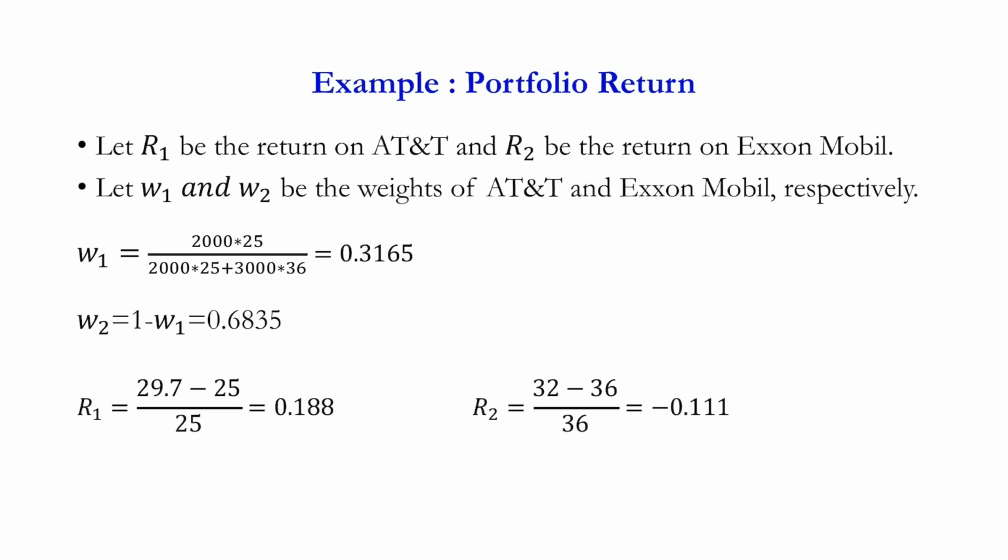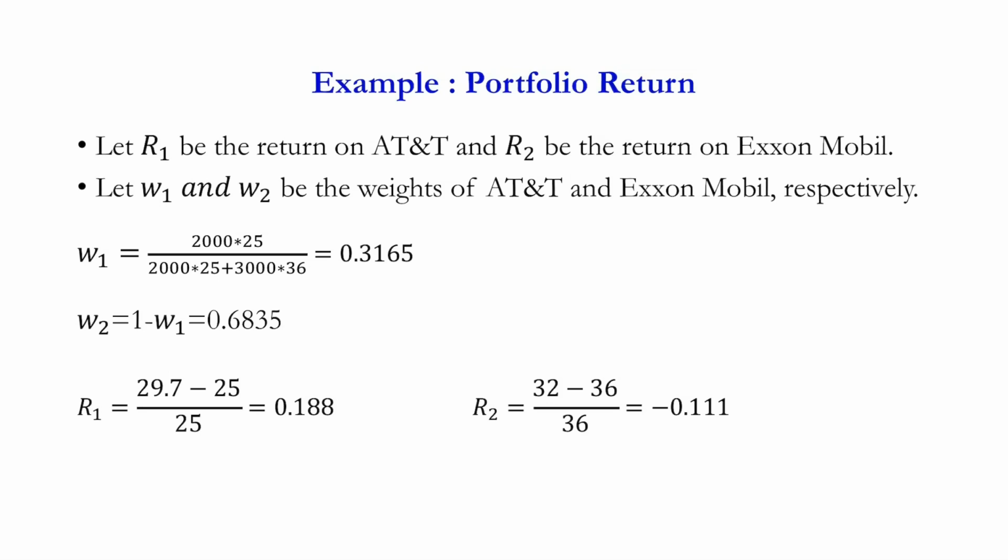Now I will be able to calculate the return on the portfolio. But before that, I need to calculate the return on each individual asset. So for AT&T, the stock price increased to 29.7. So the return on AT&T is 18.8%.